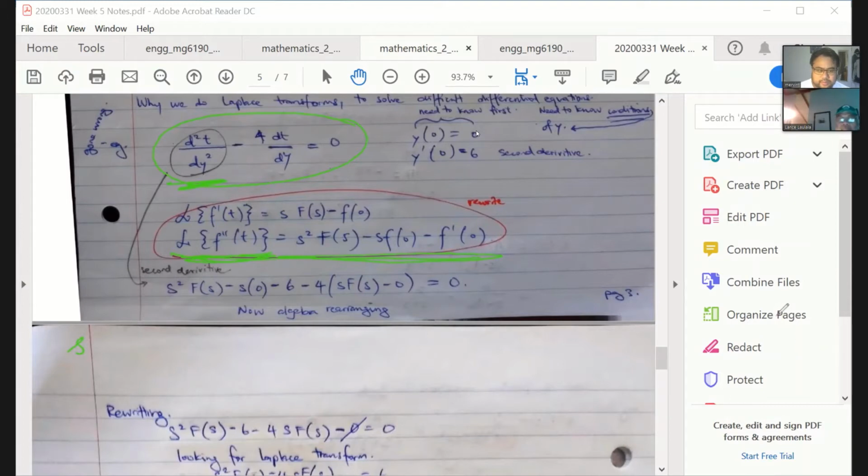I'll go red. That's better. That's straight from the formula sheet.